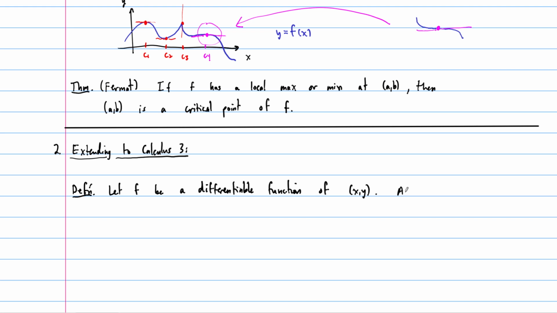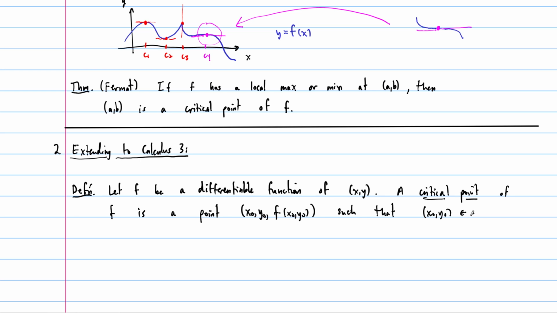A critical point of f is a point (x naught, y naught, f of x naught, y naught) such that (x naught, y naught), obviously just because of the way I wrote it, has to be in the domain of f. That is a given here. So it has to be in the domain of f, and one of 2 things is true.